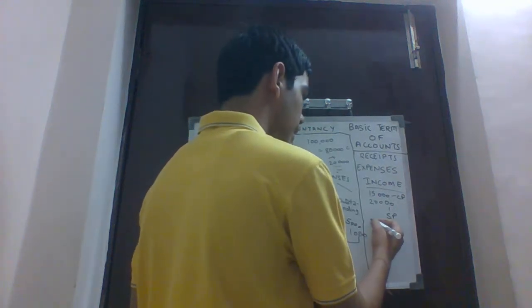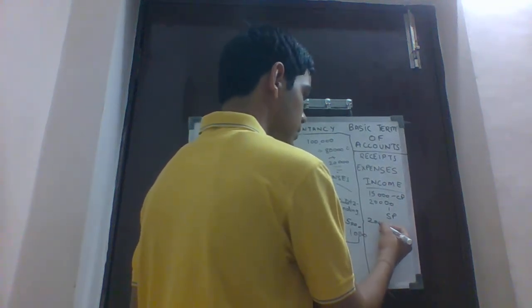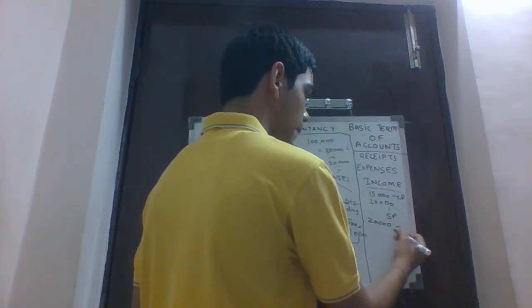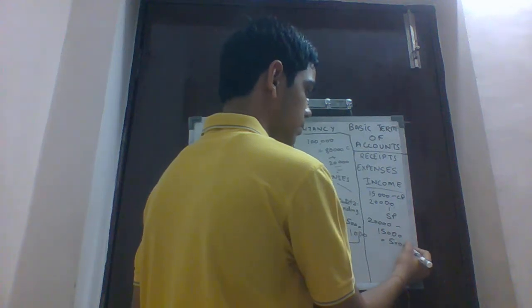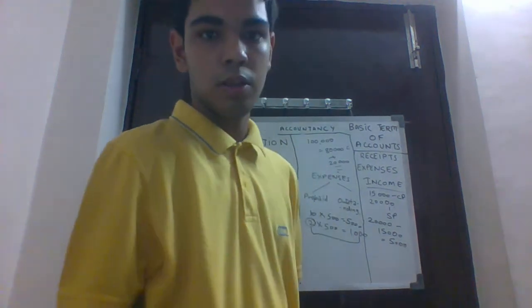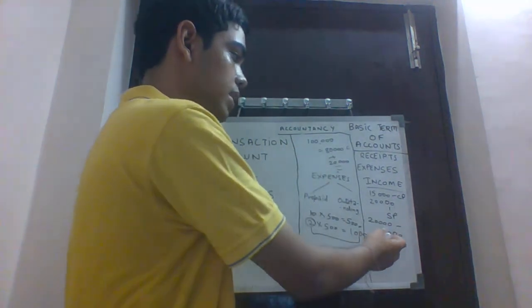The excess of revenue, that is 20,000, minus the cost of the good, 15,000, is known as profit. This 5,000 rupees will be known as profit.